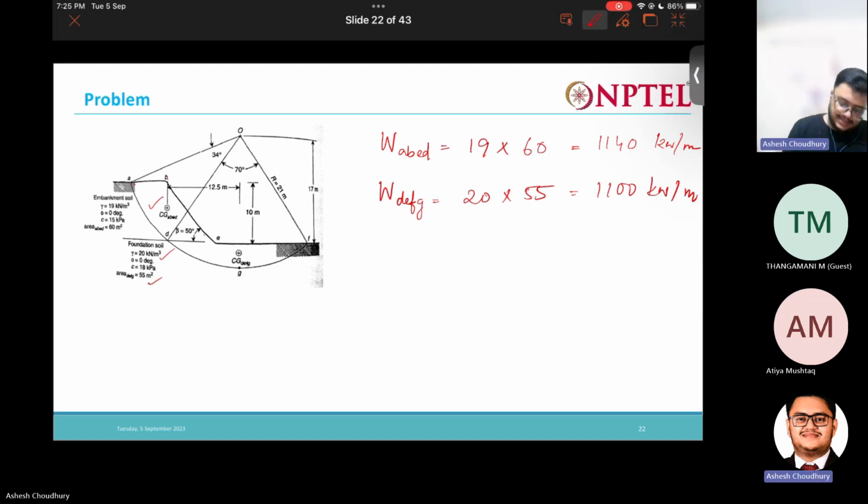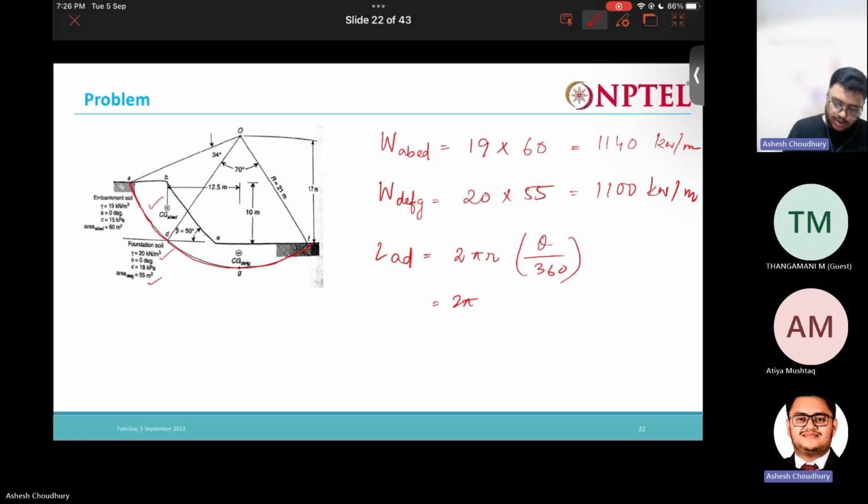Now, what is this arc length? We need to know it because the frictional resistance, the resisting force, will be mobilized along this arc length, along this slip surface. L_AD is 2 pi r times theta over 360, where r is given as 21 and theta is 34 degrees. Calculate this.